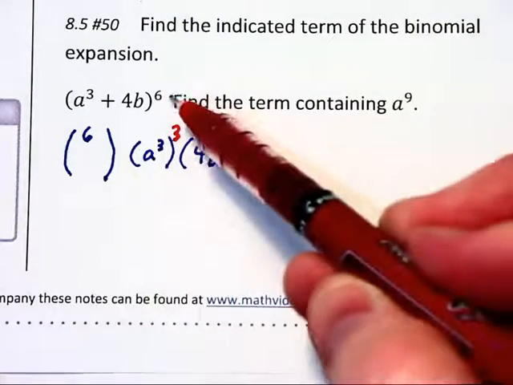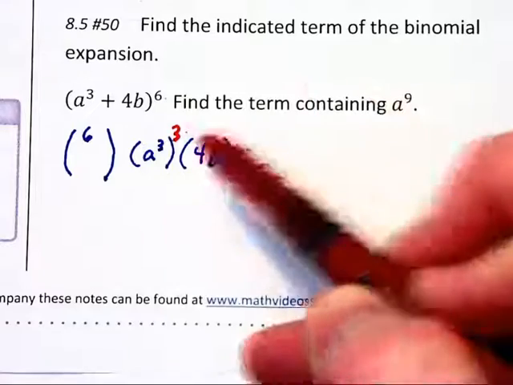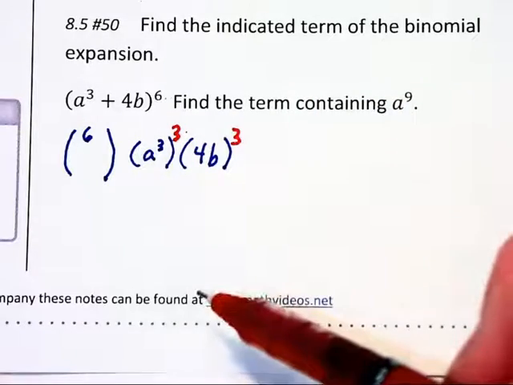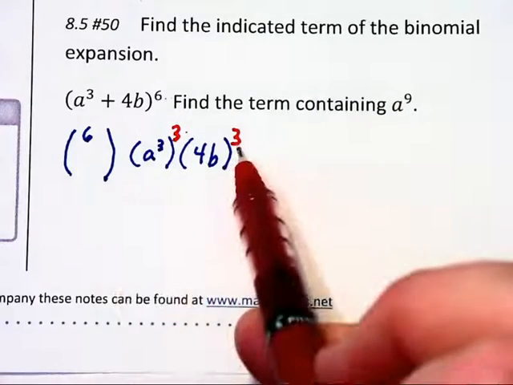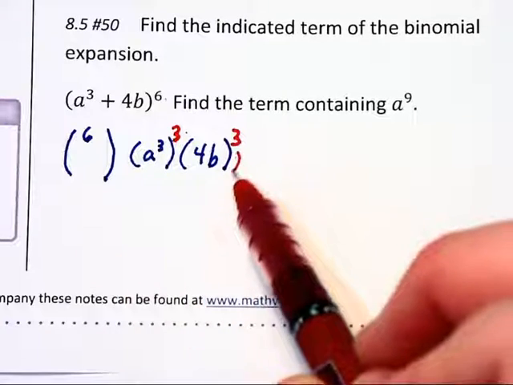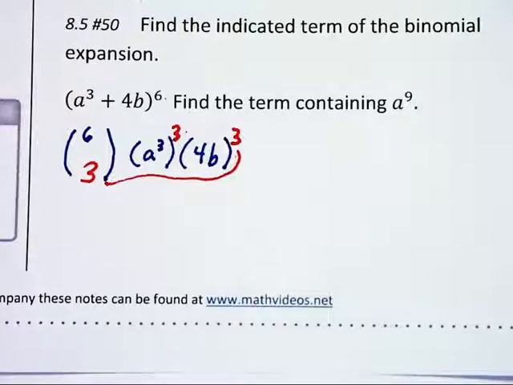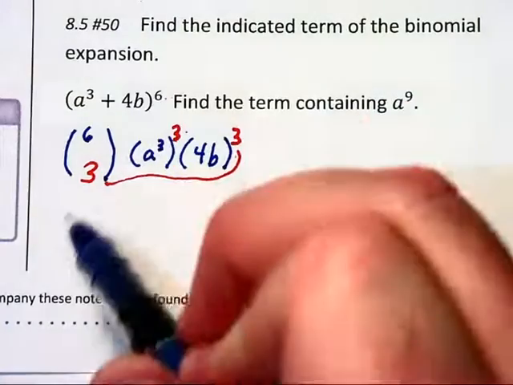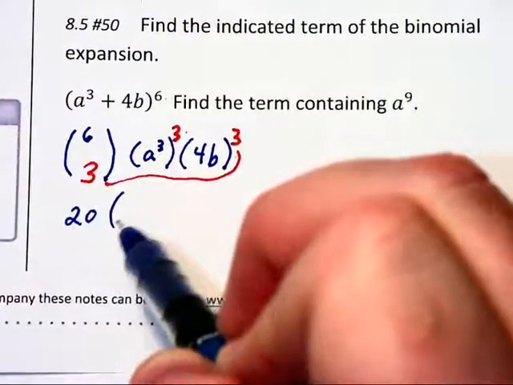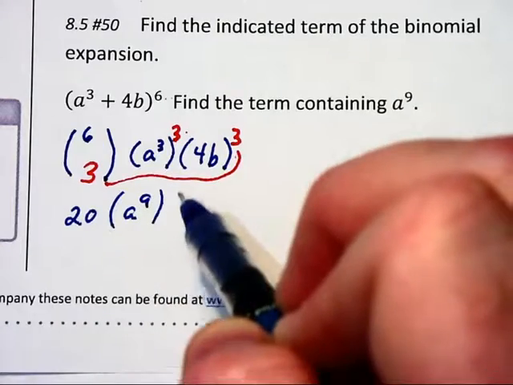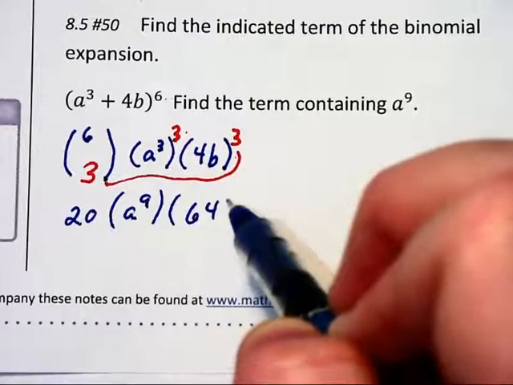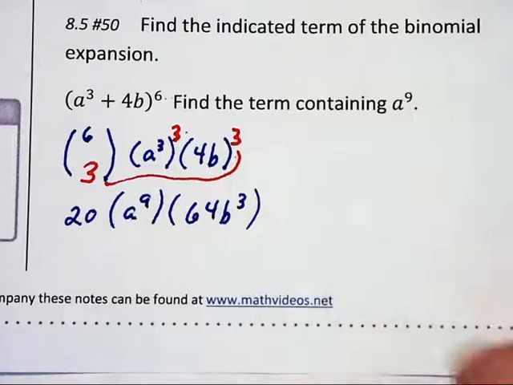And since we're going to have exponents adding up to 6, 3 plus 3 adds up to 6. And that value being 3 at the end means that we're going to have a 3 down below in our combination. So evaluating this combination, we get 20 times a to the 9th times 64b to the 3rd.